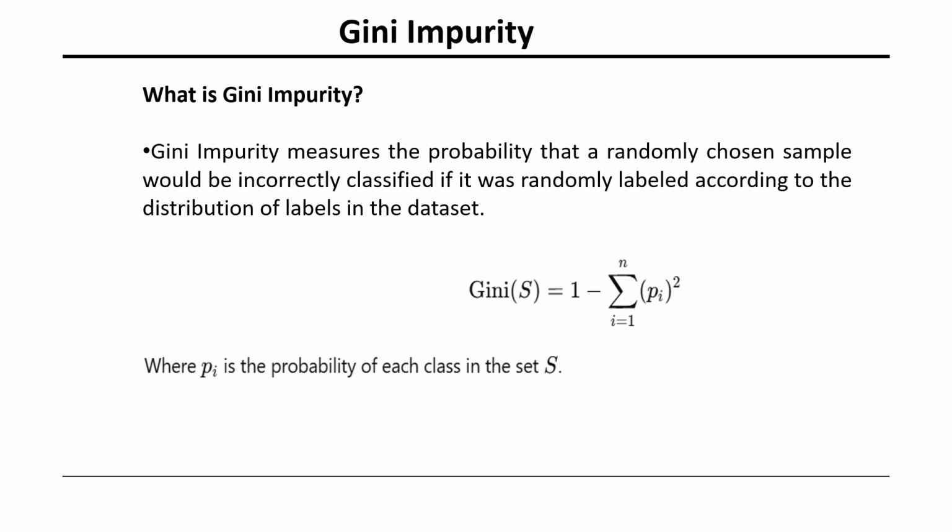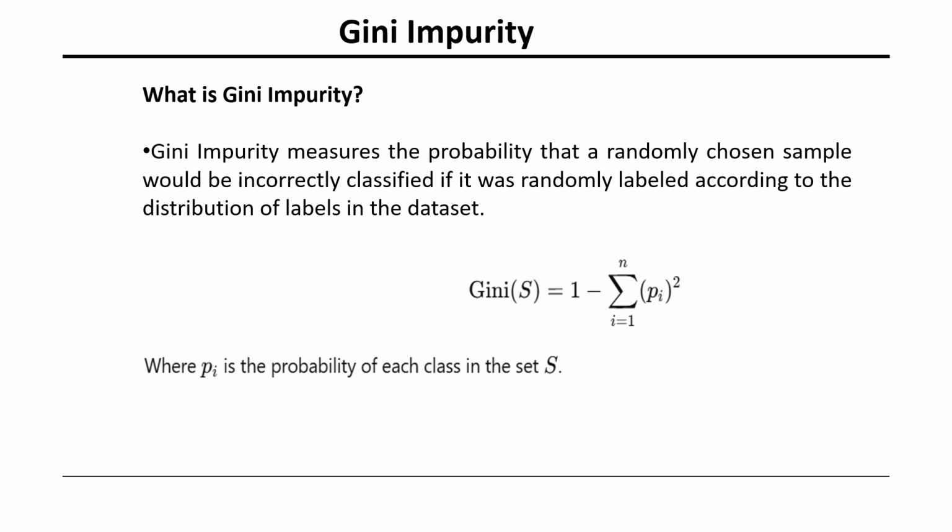What is this Gini impurity? It is a measure of the probability that a randomly chosen sample would be incorrectly classified if it was randomly labeled according to the distribution of labels in the data set. So according to that, you have to make a distribution of labels in the data set.